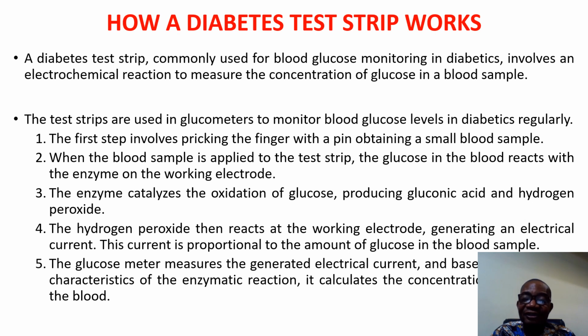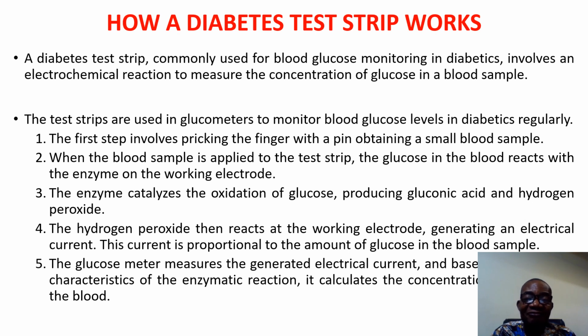So let's look at the various steps. The test strips are used in glucometers to measure blood glucose level in diabetics. The first step involves pricking the finger with a pin, obtaining a small blood sample.